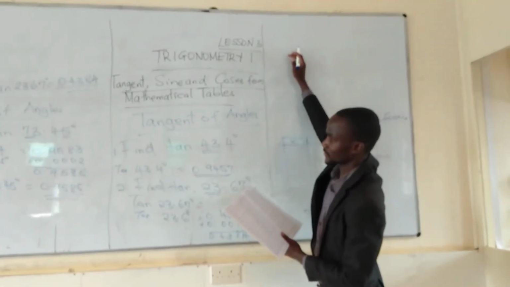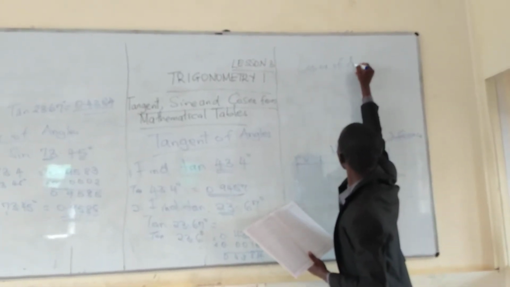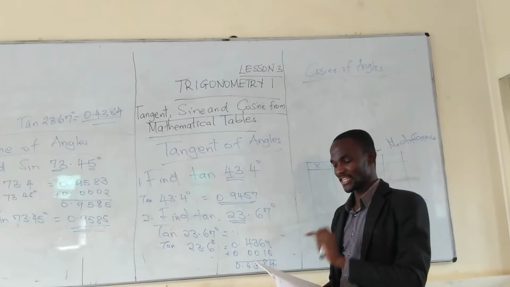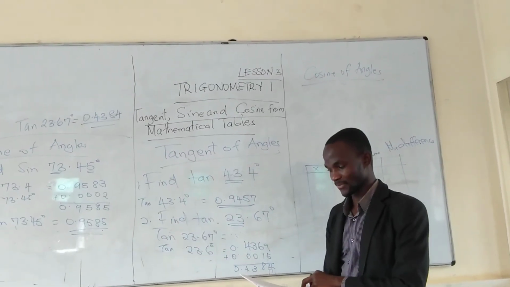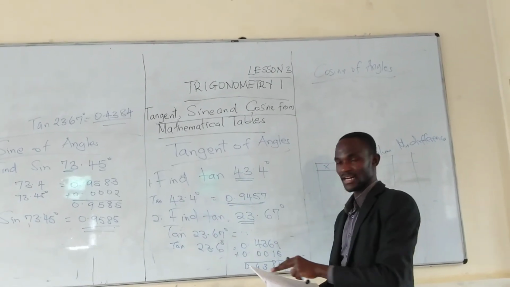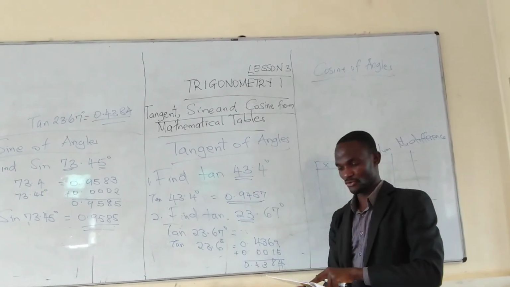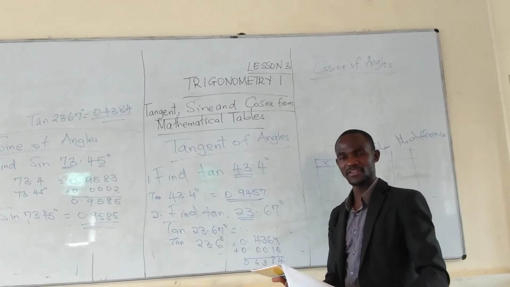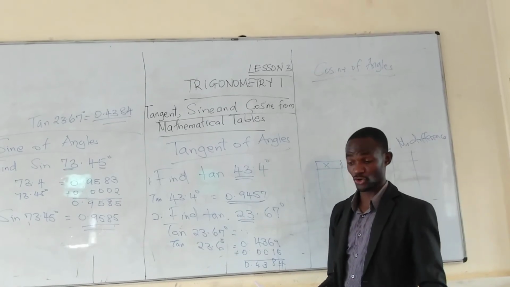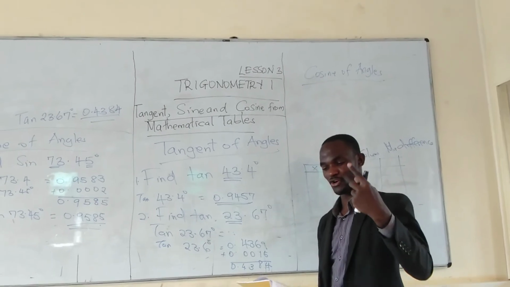If we look at cosine of angles, if you go to natural cosine, it differs from the natural tangents and the natural sines in the very last column of the mean difference. The other two we were adding, this one you realize we are subtracting. Also, something very important to note: natural sine is increasing from 0 to 1.